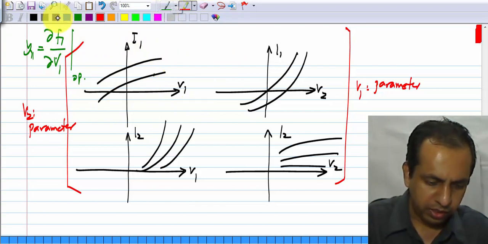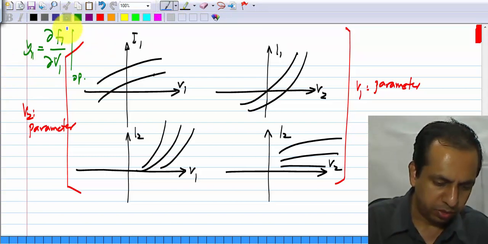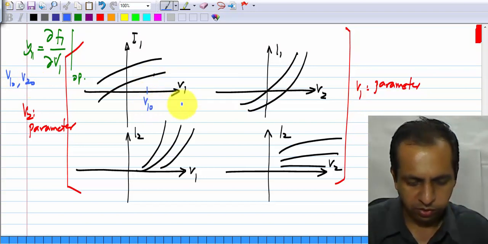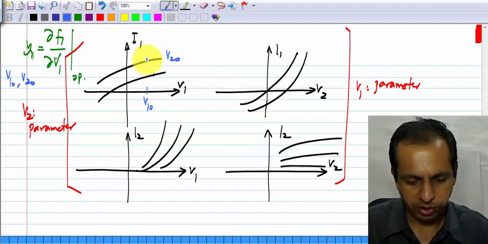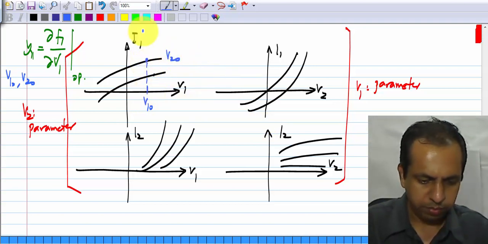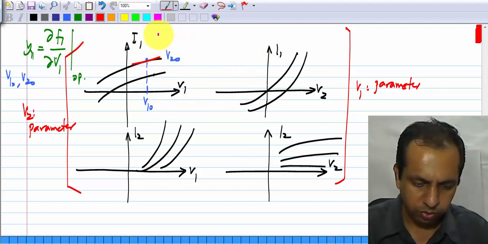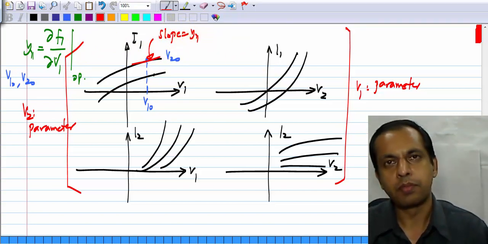And let us say the operating point is something. We will know what it is. Let me call it V1 0, V2 0. So, what you do? You look at where V1 0 is on this graph and you select the curve that corresponds to V2 0. And the slope of that at that point is equal to y11.